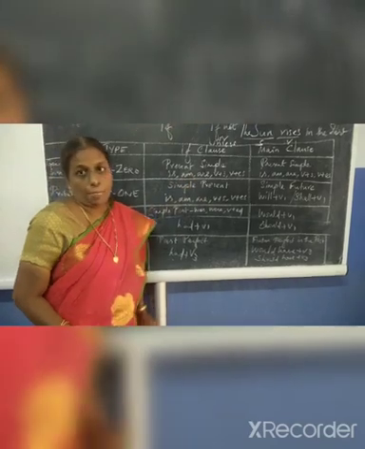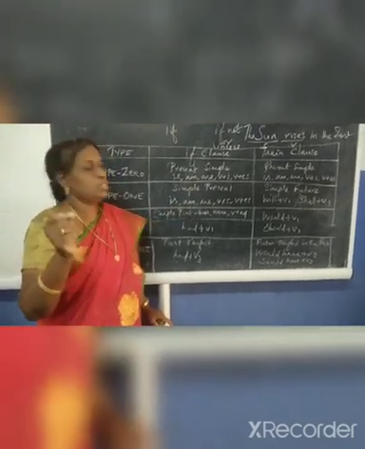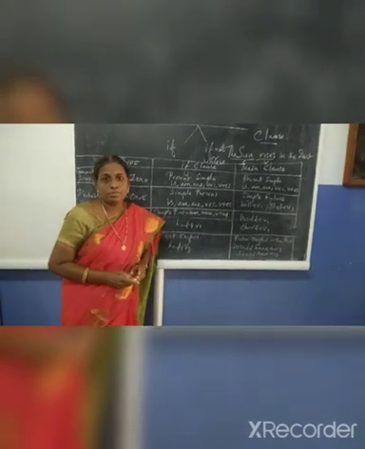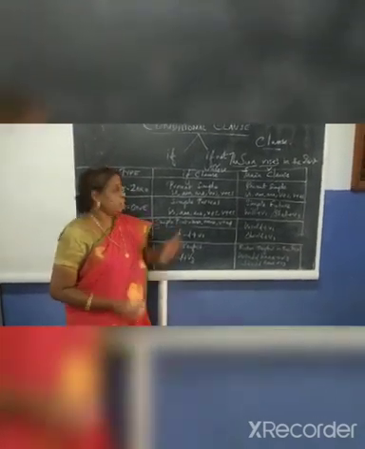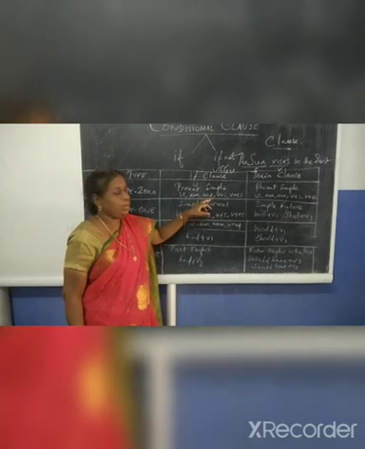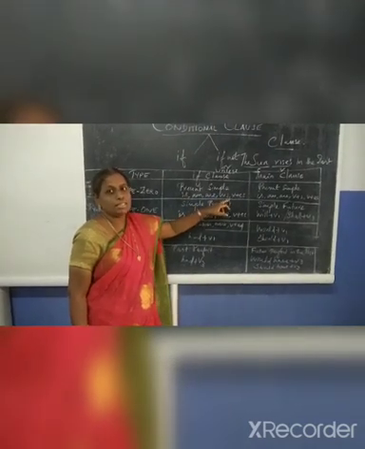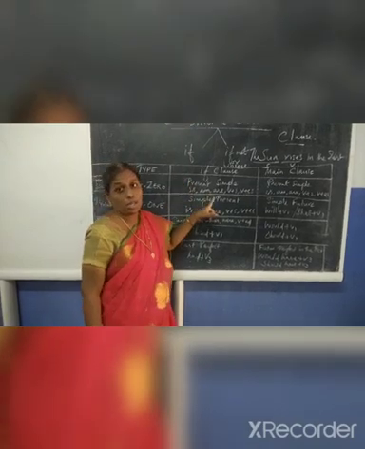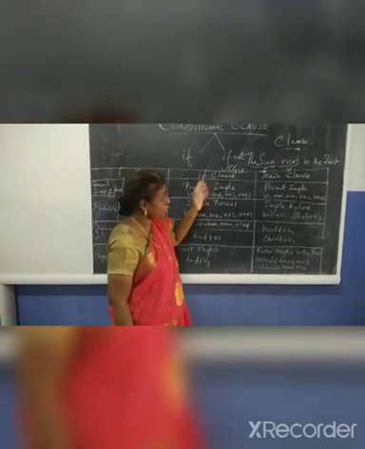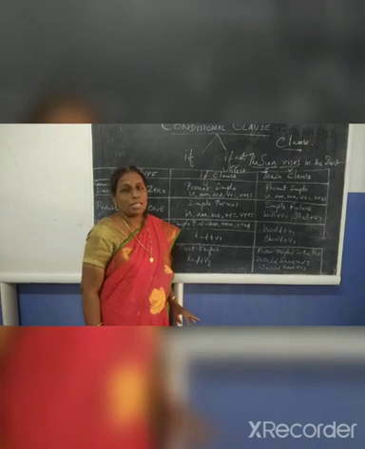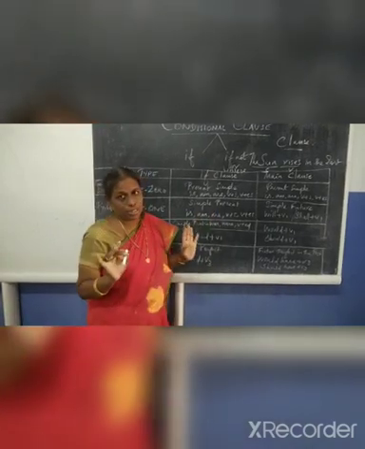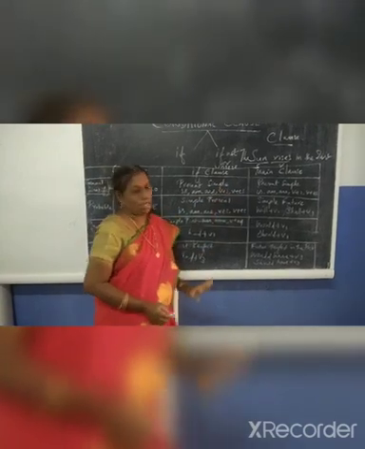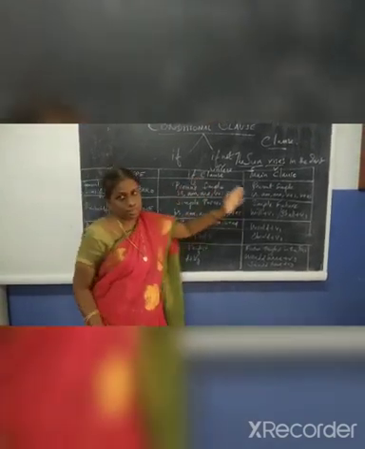Present simple. So, what are the verbs which can be used for present simple? Yes, is, am, are, or base verb plus s or es. If it is present simple in the if clause, there is no change in the main clause for zero conditional. What is in the if clause is the same in the main clause: present simple only.